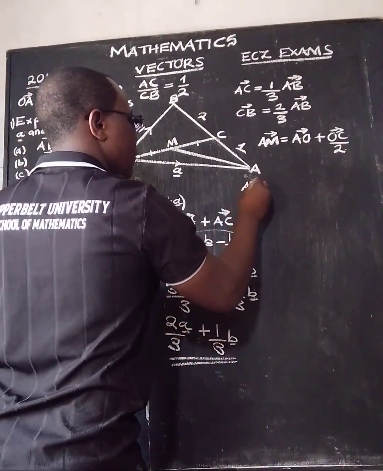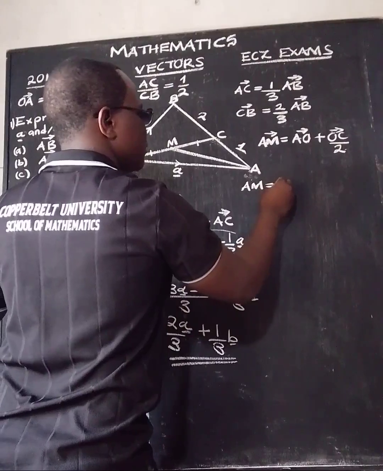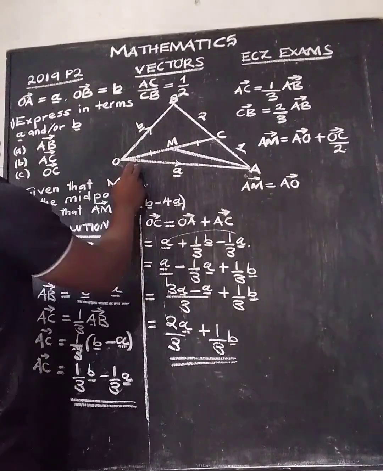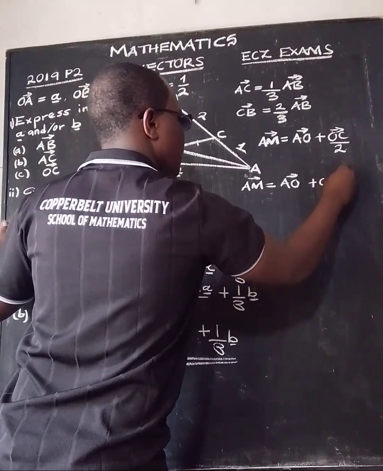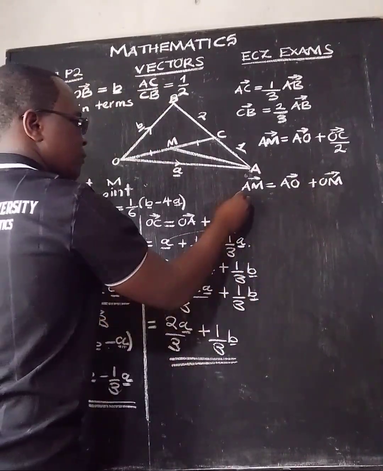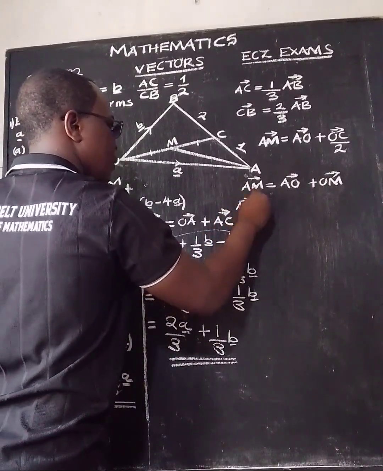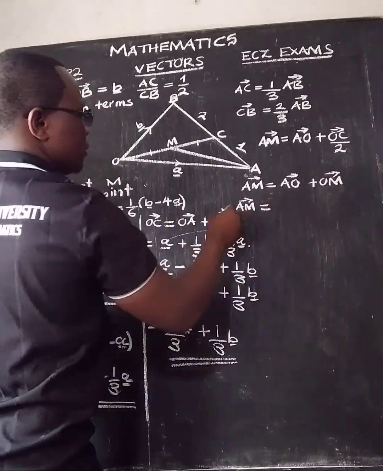So AM is equal to AO. Take note: AO plus OM. So AM is equal to, now do we have AO?